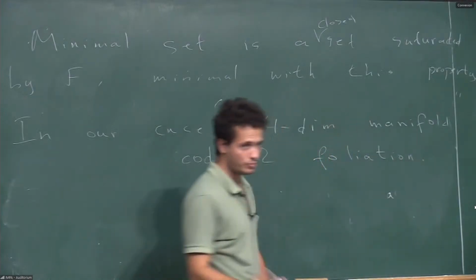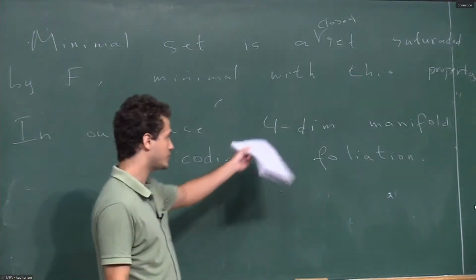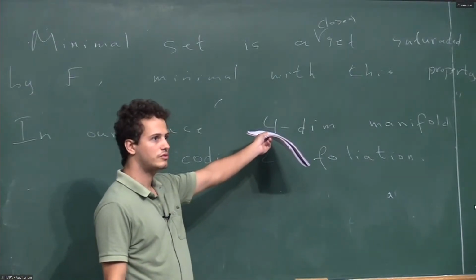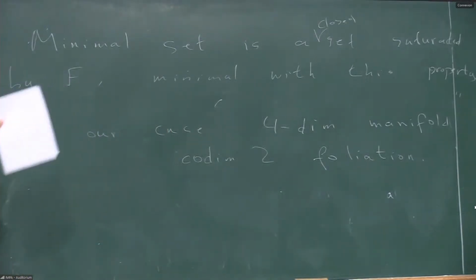There are only three possibilities for minimal sets. Either a minimal set is a closed leaf, a compact leaf, or a three-dimensional manifold, a hypersurface of the manifold, or a four-dimensional manifold, which is the whole manifold.